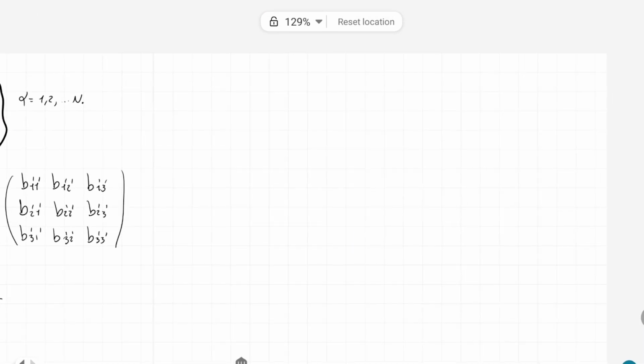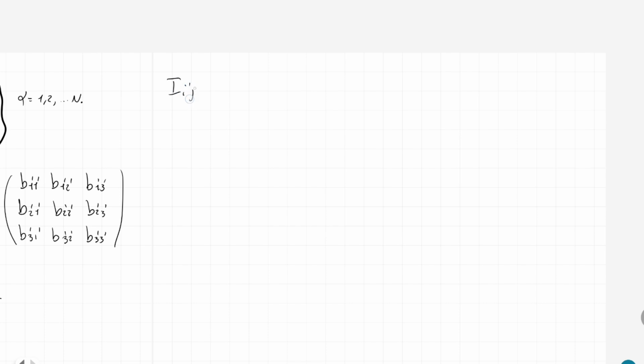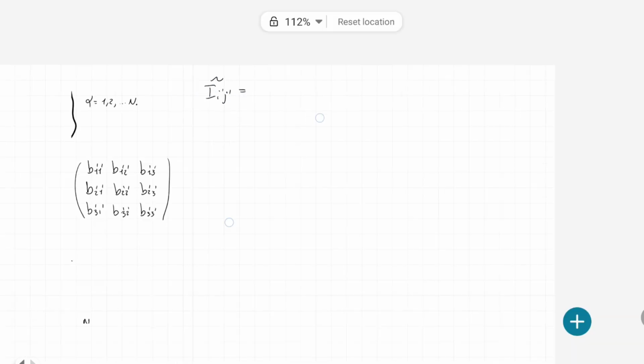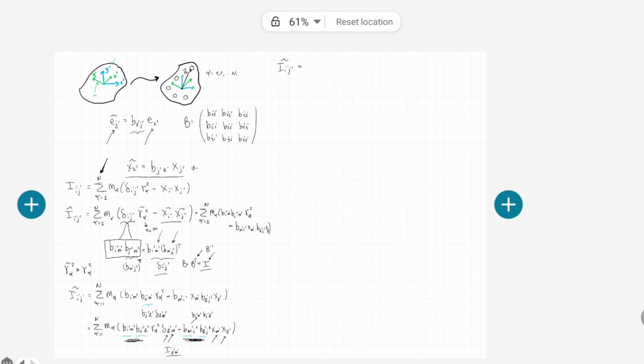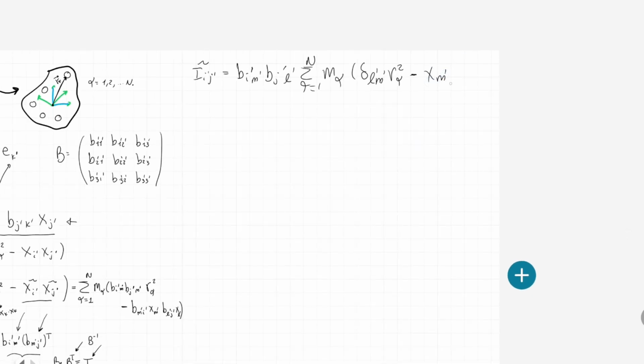So we are going to get I prime j prime tilde equals b i prime m prime, b j prime l prime times, let me avoid saying prime all the time, the sum from alpha equals 1 up to n, m alpha, Kronecker delta lm, r alpha squared, minus x m x l, like this.